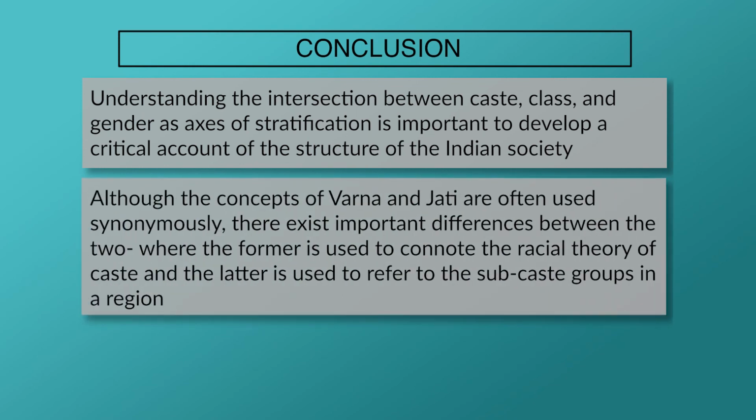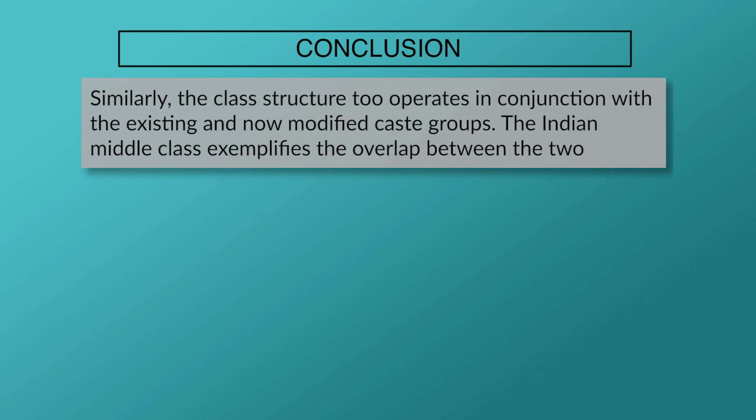The categories of Varna and Jati may be used synonymously, but there are important differences between them, one being ideologically shaped by the racial theory of caste, the other referring to the more operative principles of Indian society.